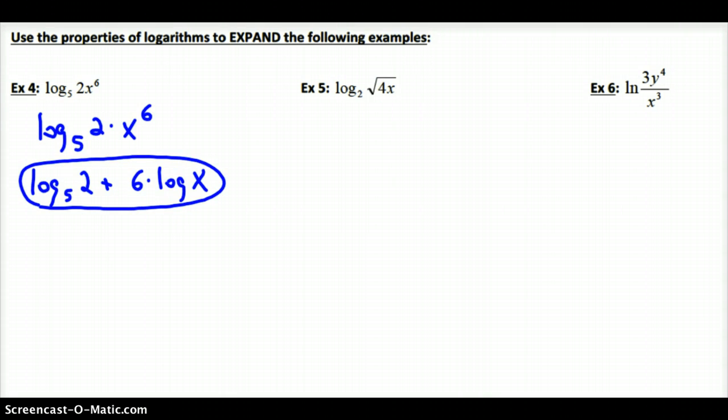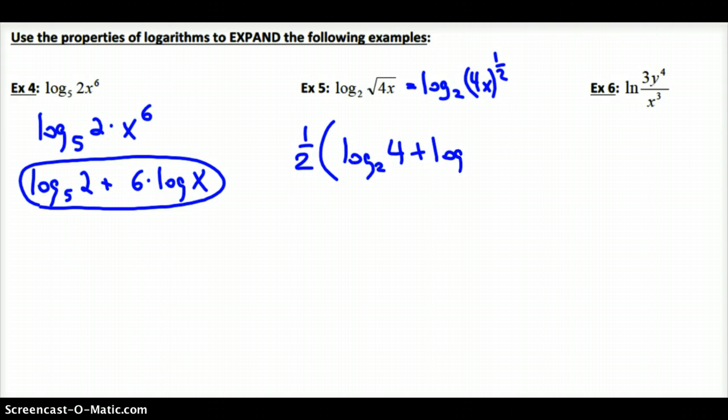Similarly here, I'm going to think of this first of all as log base 2 of 4x to the 1/2 power. Remember, a square root is the same as the 1/2 power. So now I'm going to put the 1/2 out in front of everything here because everything has that power. I'm going to rewrite my product as a sum of 2 different logs.